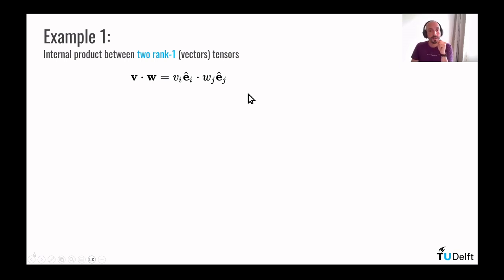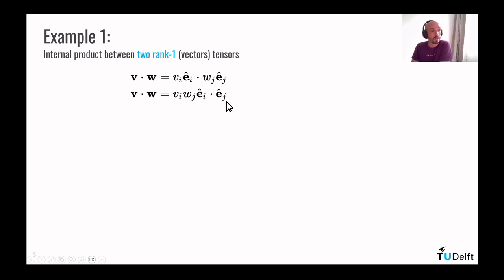Now, we have a dot product here. v sub i and w sub j are scalars, they are components, they are numbers. So I can collect all of those components to the left, like this, and leave the directions to the right. So here I have the internal product between e hat i and e hat j.